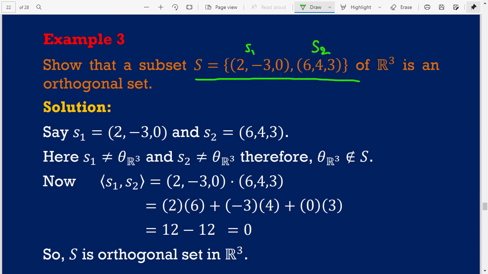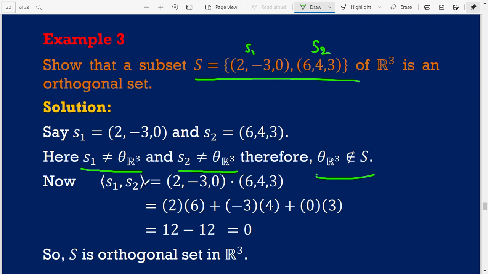So here S1 and S2 are not the 0 vector in R3. Therefore, the first condition holds: the 0 vector does not belong to this subset.